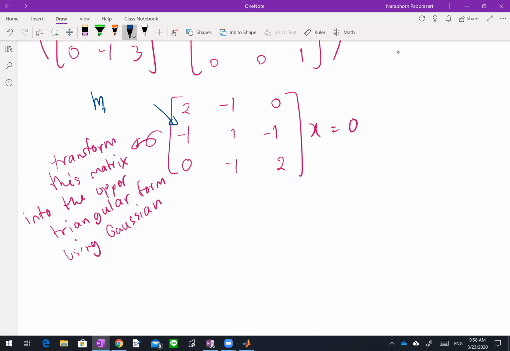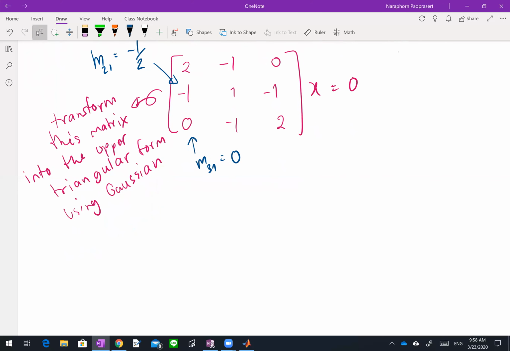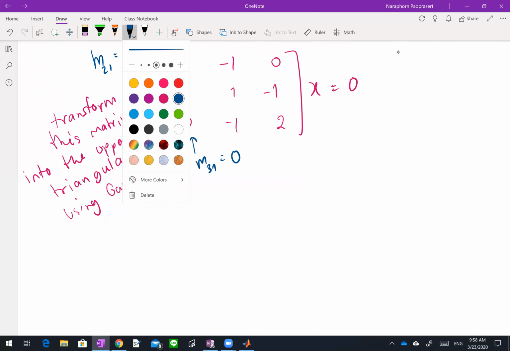So m21 is just minus 1 over 2. M31 is just 0. So let's do one round of the Gaussian.